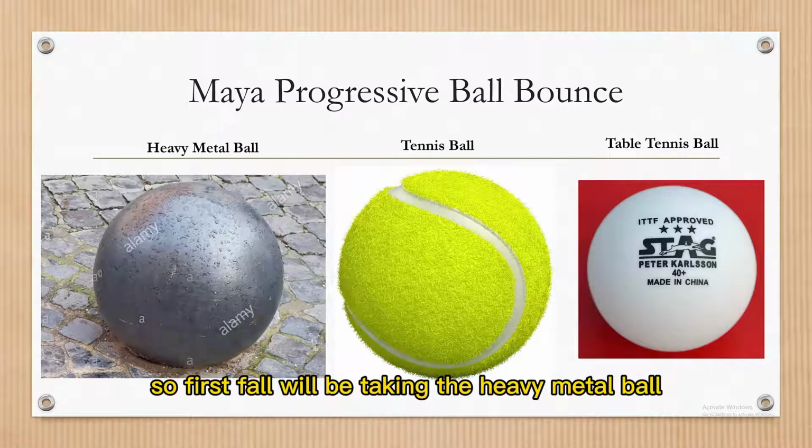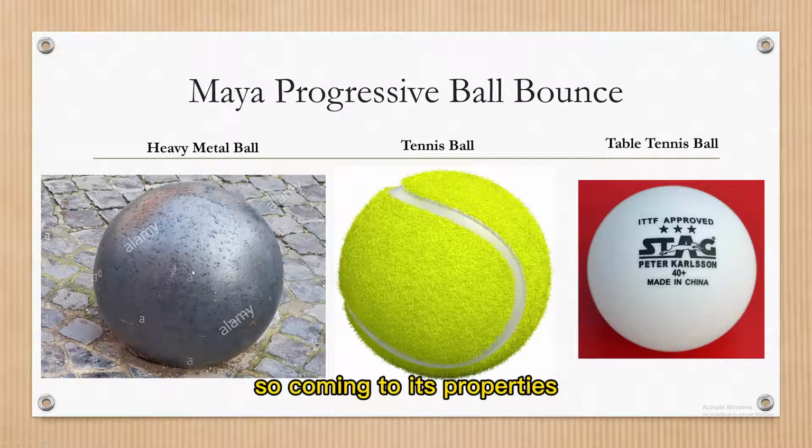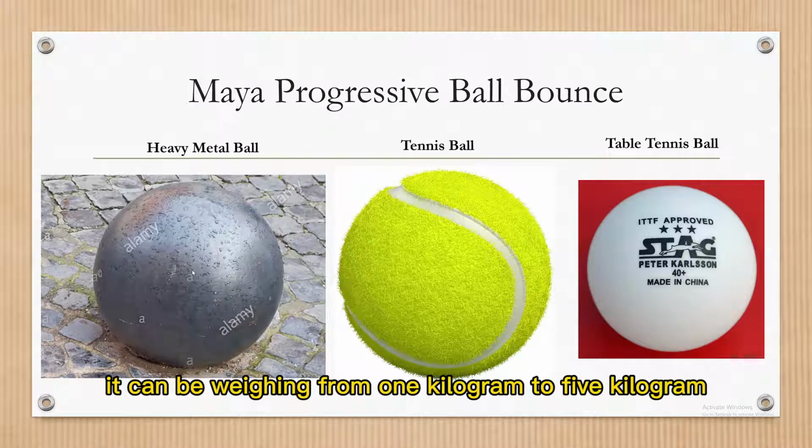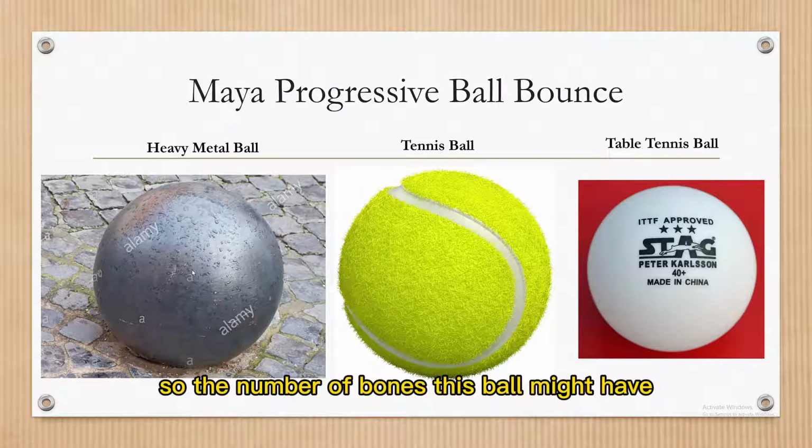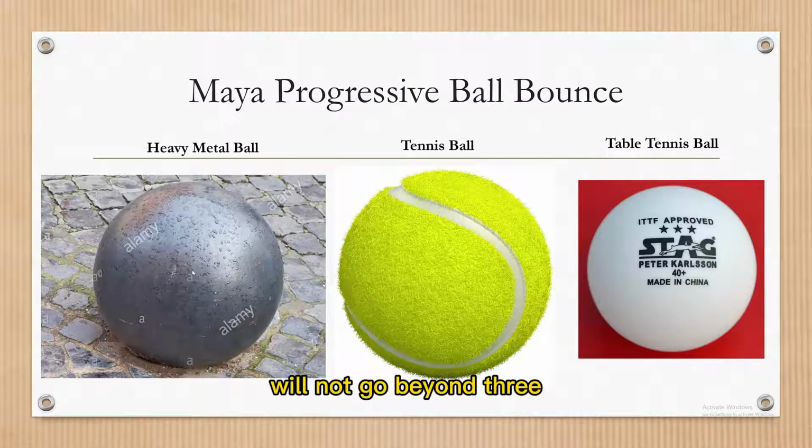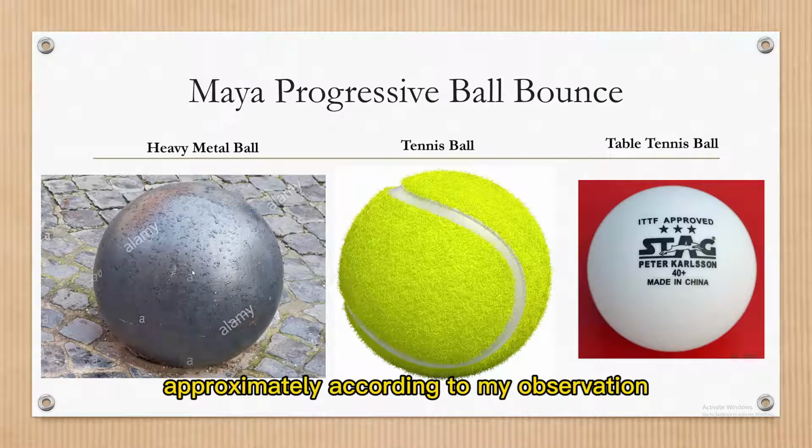First of all, we'll be taking the heavy metal ball. Coming to its properties, the ball is very heavy. It can weigh from 1 kilogram to 5 kilograms. The number of bounces this ball might have will not go beyond 3, approximately, according to my observation.